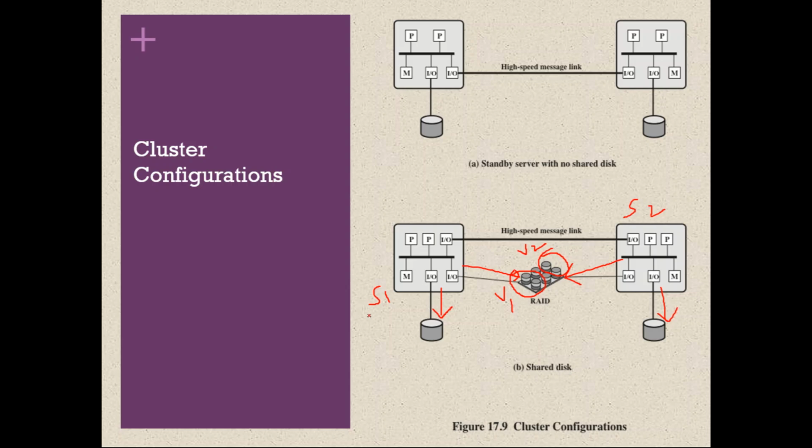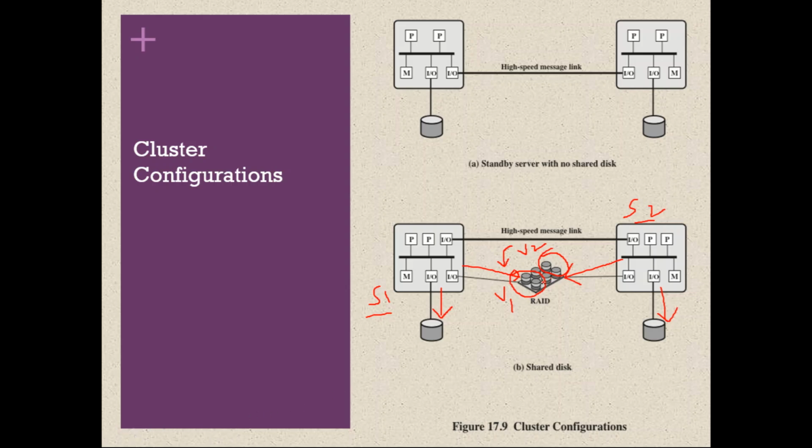Suppose server 2 fails, then server 1 will play the role of server 2. At that time it will take over volume 2. There will be some mechanism it has to go through by which it can get access to volume 2. Otherwise it won't have access to volume 2. So that is why it is called no share.